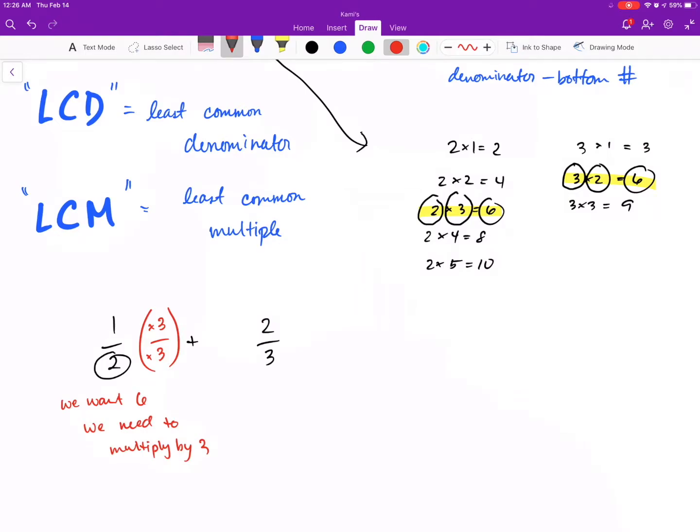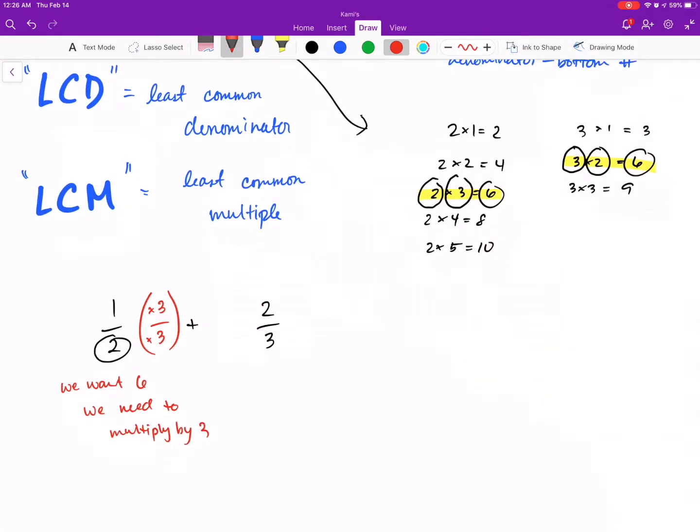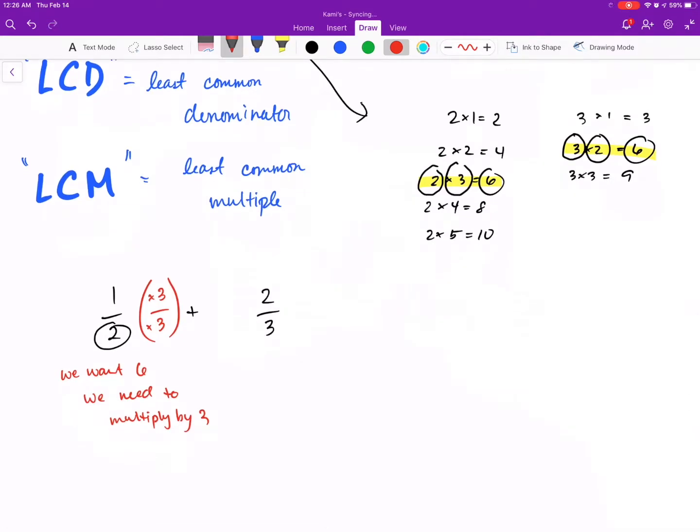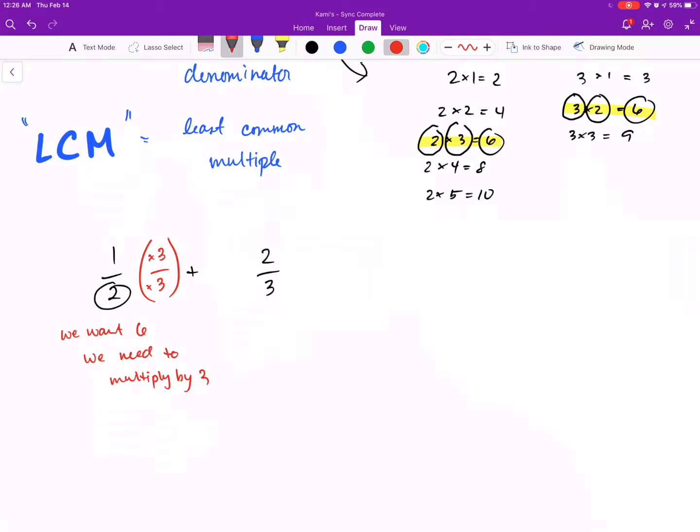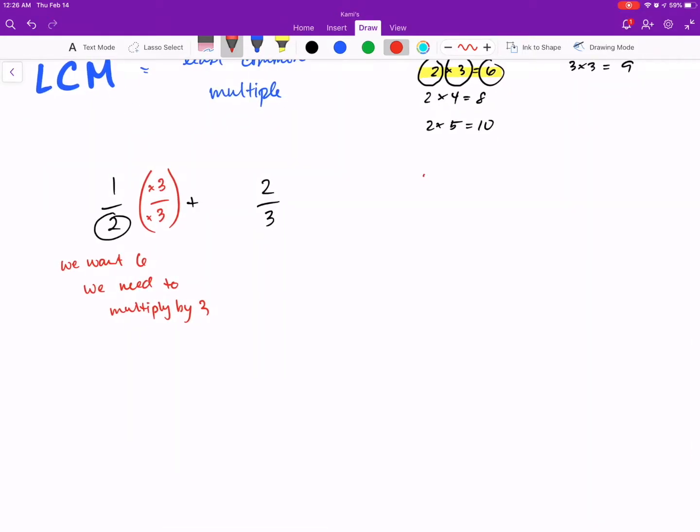Now, why do we multiply by 3 over 3? I thought we just needed to change the denominator. That is true. But so we don't change the fraction, we need to multiply on the top and the bottom the same number. I'm going to do another note.